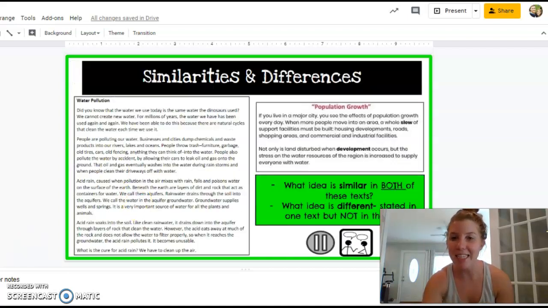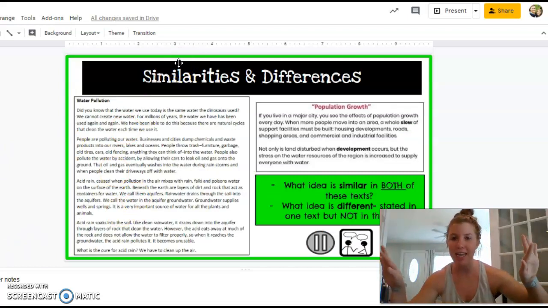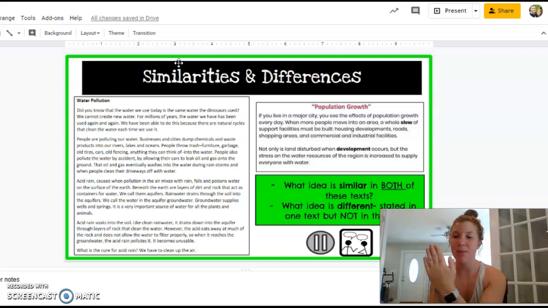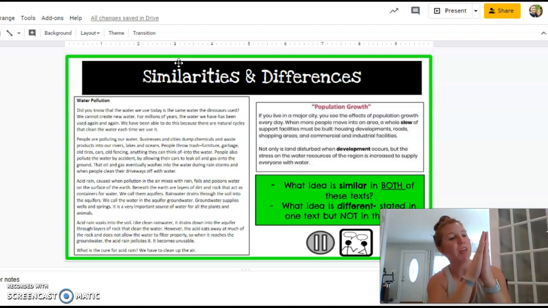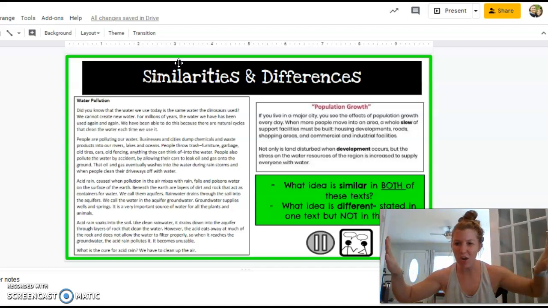All right, last thing we're doing today are comparing and contrasting. Now, I do this with my hands because I'm showing how my hands are the same. They fit together, they're the same size, my pinkies match together. This is how things are the same. But I also could find things that are different, things that set my hands apart, okay?